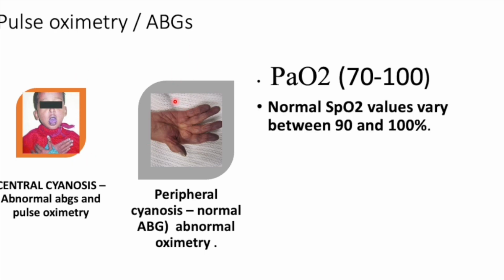In peripheral cyanosis, partial pressure of oxygen is usually normal. PaO2 by ABG analysis is normal, and the pulse oximetry can be decreased or falsely low because of the decreased perfusion occurring into the extremities.